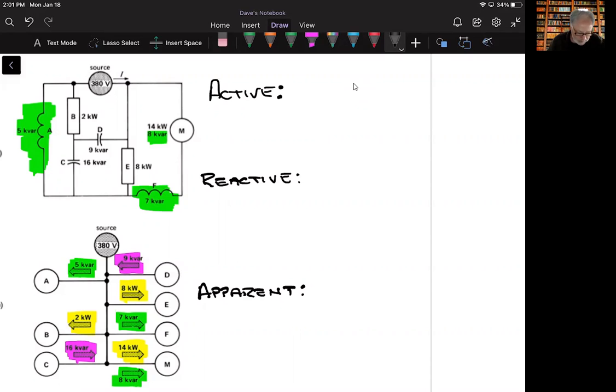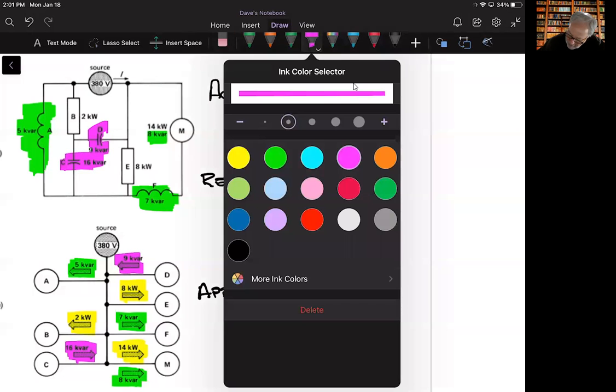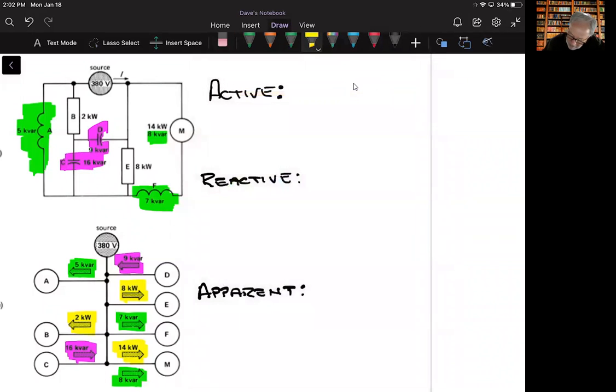Once we've identified the type of load, and I tried to color code this for us, I didn't actually finish that. I need to do that there, and that there, and this here, and this here, and that there.